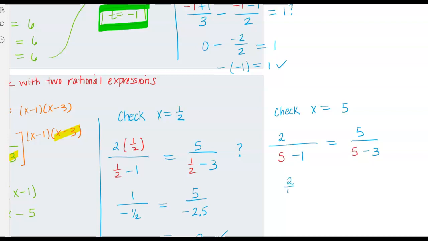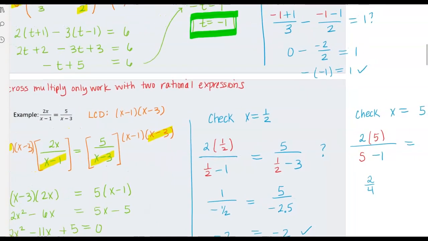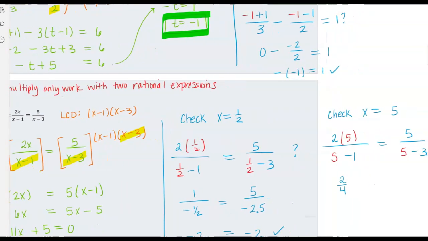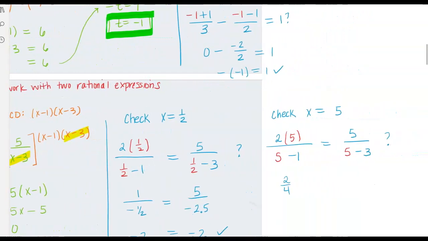So 2 over 4, oops, I forgot to multiply here, sorry. 2x, there should be a 5 here. Let's see, double check. So 2x over x minus 1, good. 5 over x minus 3, okay, that's good.